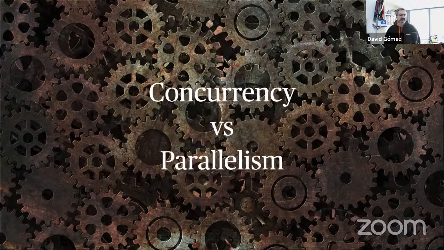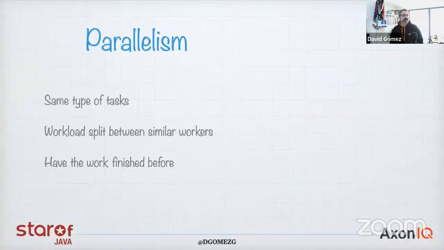But let's start with a first definition of what concurrency is and what parallelism is, because sometimes these two concepts are used as if they were the same thing, but they are related, but they are different things. So the first one, parallelism, is something that we usually say when we have a lot of different tasks, but those tasks are basically the same type.